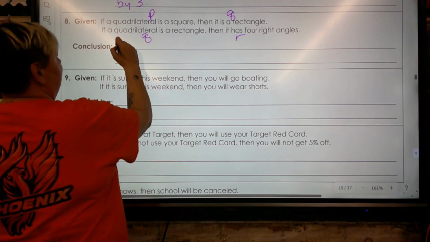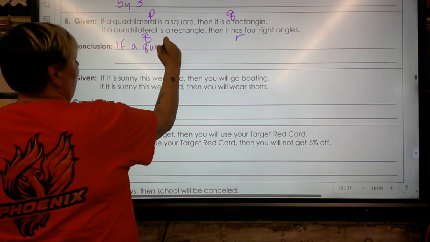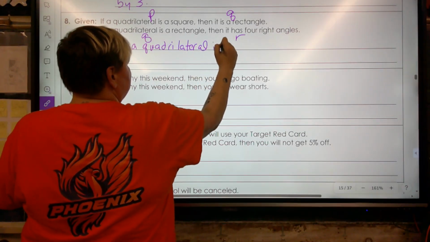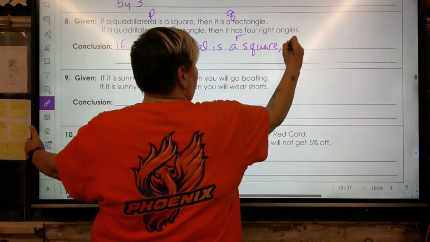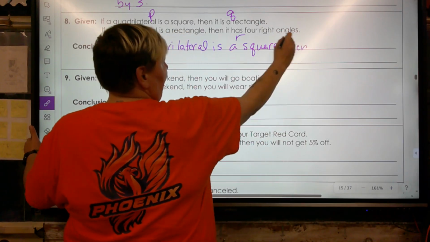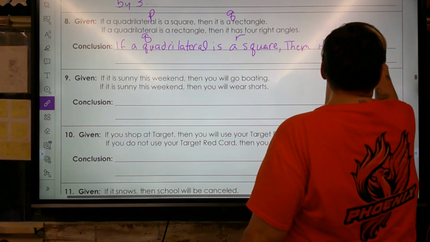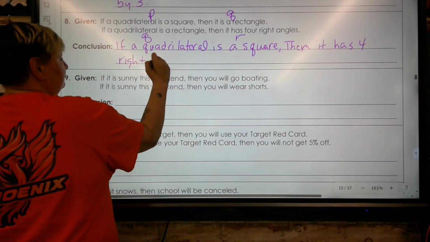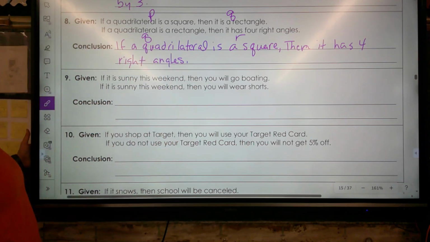So, if a quadrilateral is a square, then it has 4 right angles. It follows pattern, P, Q, Q, R.